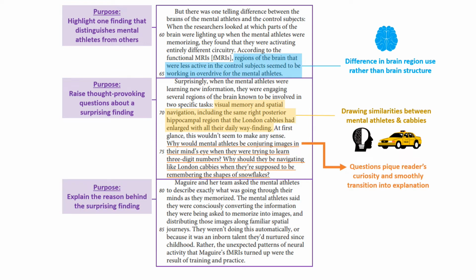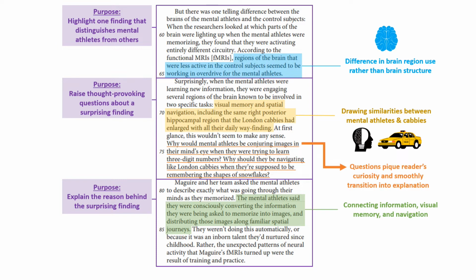The last paragraph explains the reason behind the surprising finding. The author connects the two skills mentioned before, visual memory and spatial navigation, to information, which is what the athletes need to memorize.